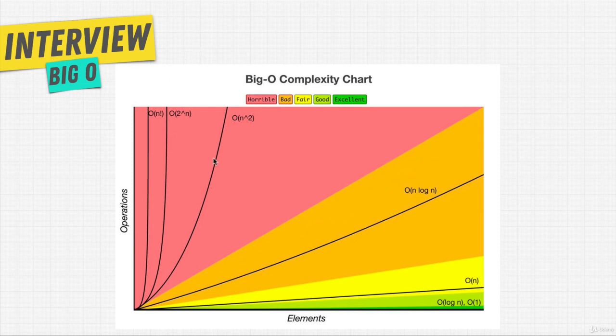And different functions have different Big O complexities. That is, these number of operations can increase really, really fast, like this one, which is not good. You can see here that it's horrible. And there are things that are quite good actually and don't increase as much.